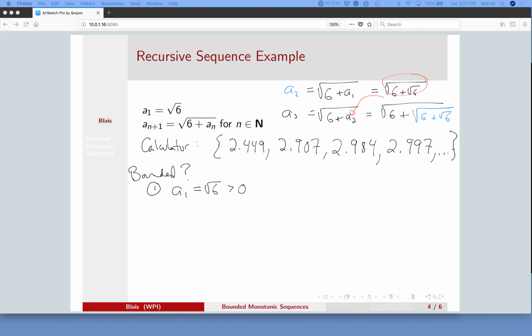And then any a sub n plus 1, which is equal to root 6 plus a sub n, we can see if a sub n is greater than 0, then a sub n plus 1, which is root 6 plus that a sub n, is also greater than 0.